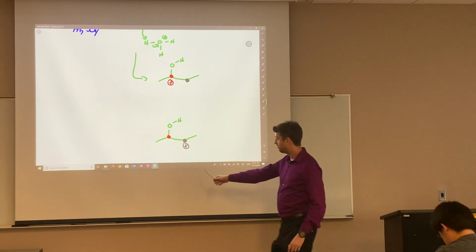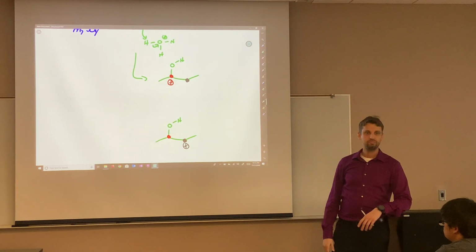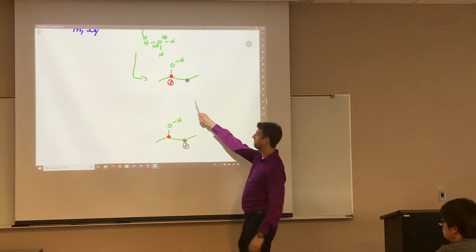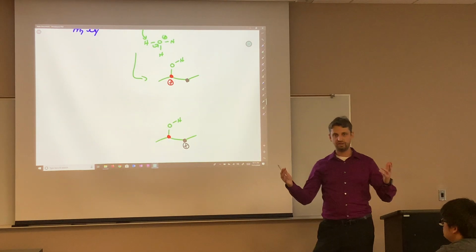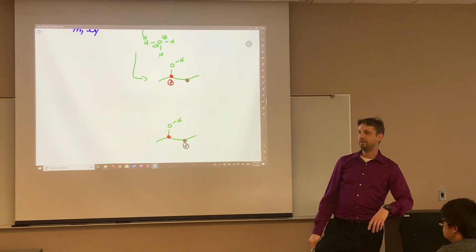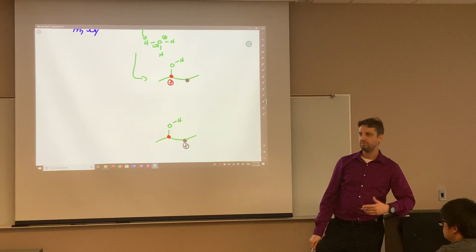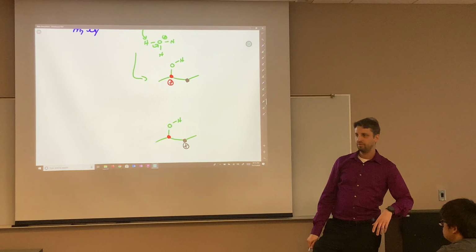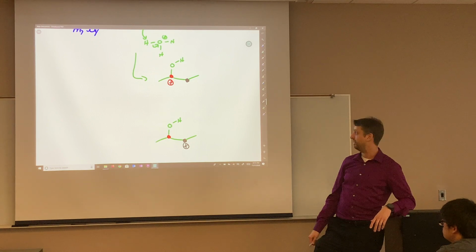So, carbon in black versus carbon in red. What's bigger, the carbon in black or the carbon in red? Radius is the same. Electronegativity is the same. Hybridization is the same. Right? So it's got to come down to inductive effects then.